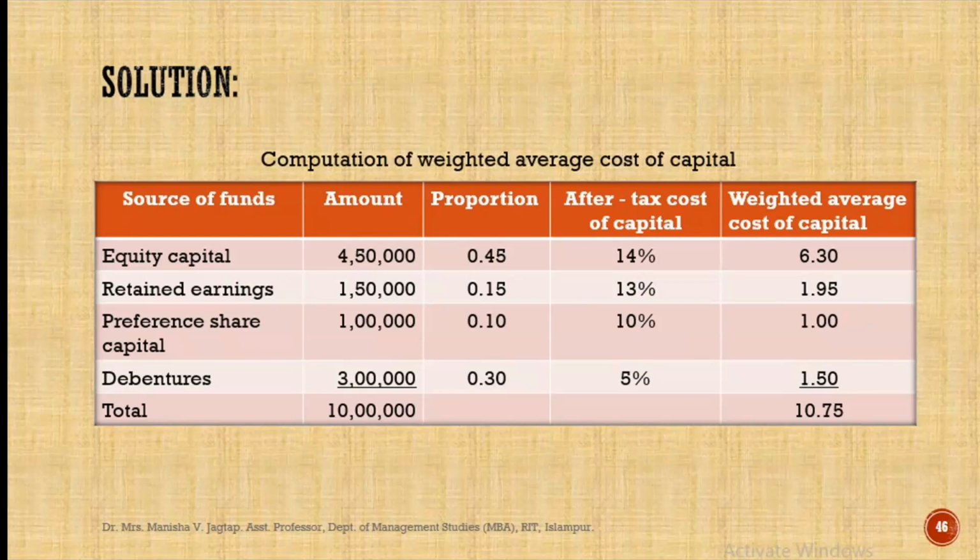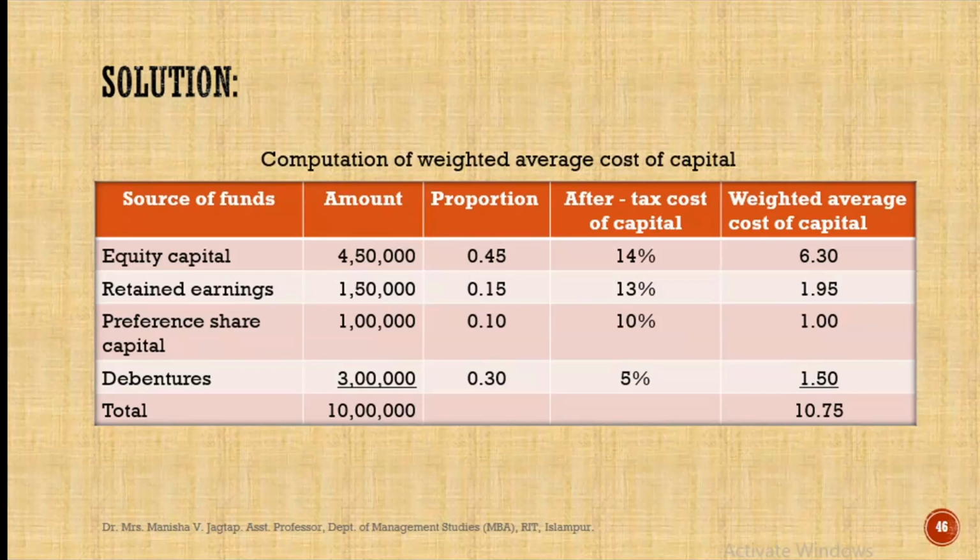Then the weighted average cost of retained earnings can be calculated by multiplication of 0.15 into 13%. It gives us 1.95. Then 0.10 into 10%, and the weighted average cost of capital of preference share is 1.